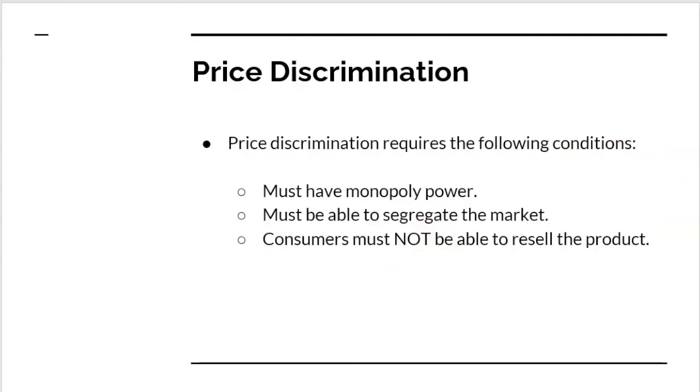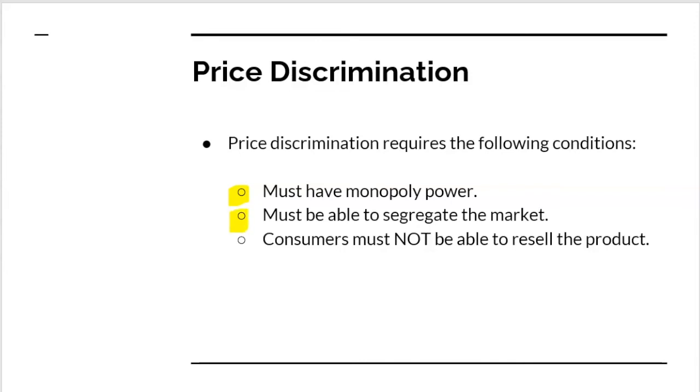Price discrimination requires three conditions. You need to maintain all three. One, you have to have monopoly power. You have to be really the only firm in the market or control a vast amount of the market share. The reason you need monopoly power is because if you do not, customers are just going to go to your competitor and buy it at the cheaper cost.